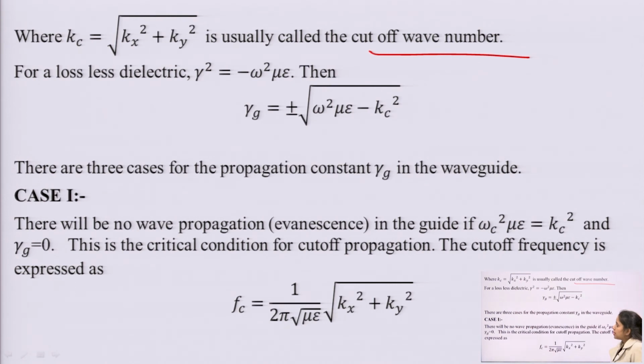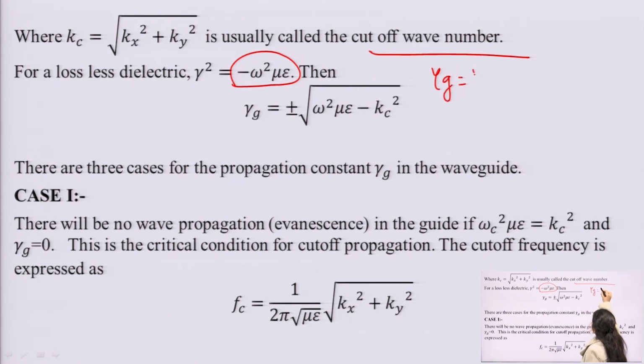And for a lossless dielectric, we know that gamma squared is equal to minus omega squared mu epsilon. Then gamma_g should be equal to what?